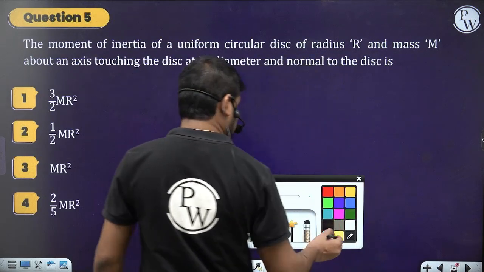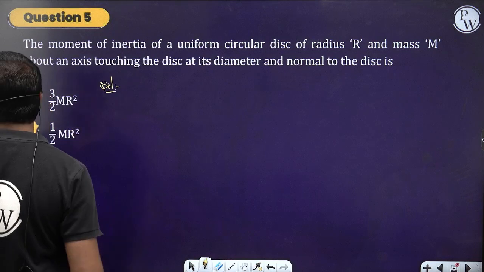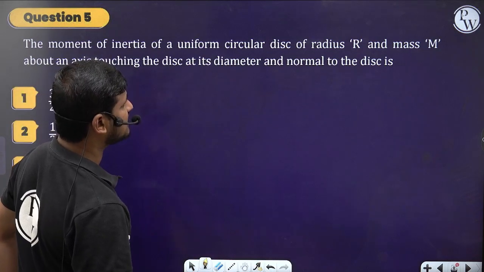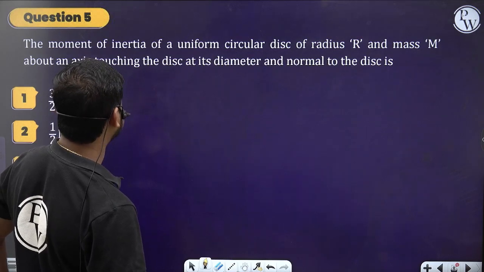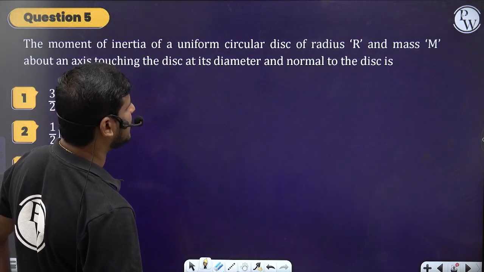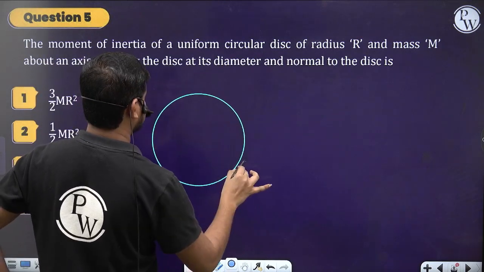See this question. What does the question say? The moment of inertia of a uniform circular disk of radius r and mass m about an axis touching the disk at its diameter and normal to the disk. Again the same question, so try to understand this.